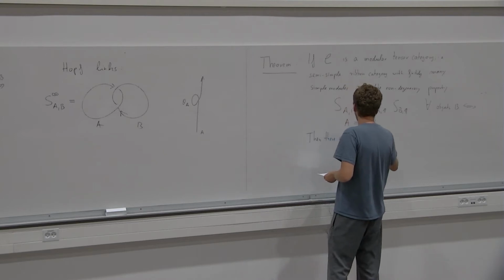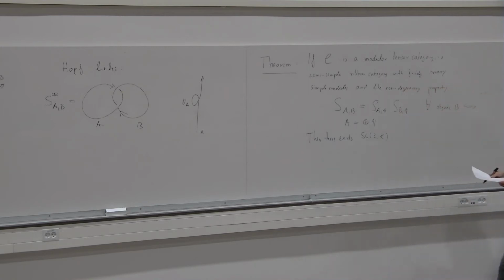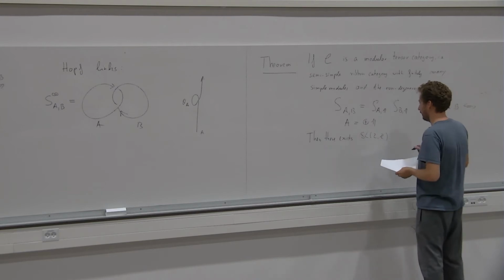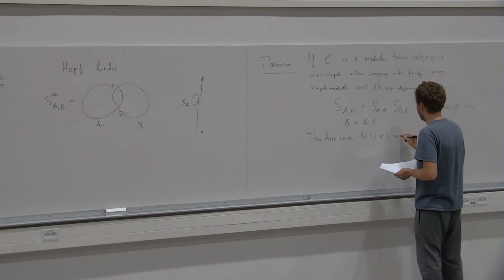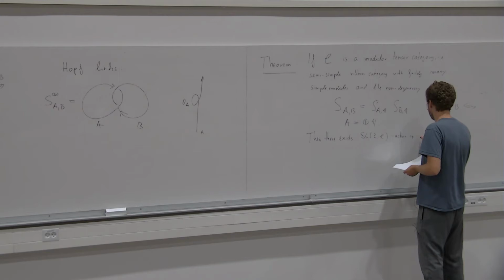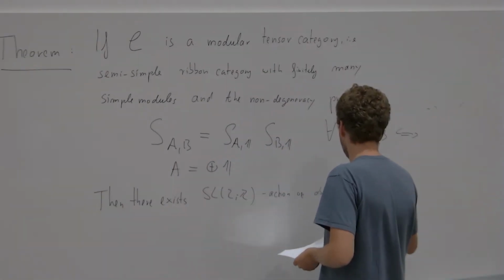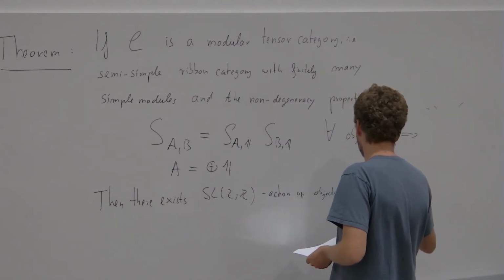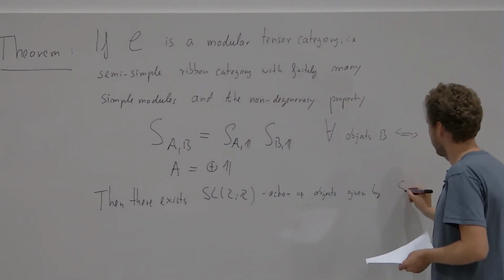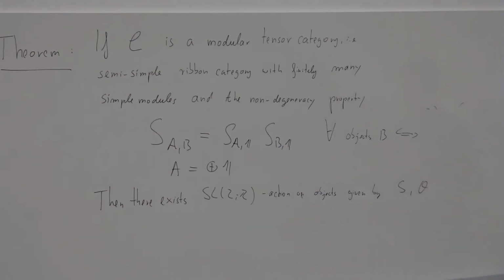So the group that yesterday acted on our space of characters also acts on our objects, given by the Hopf link and the ribbon twist. There are some rescalings going on, and it's in fact a projective action.